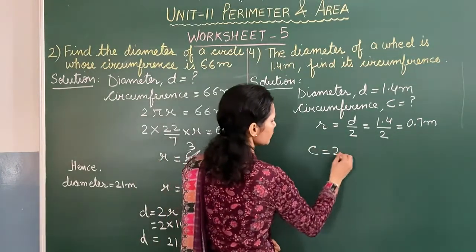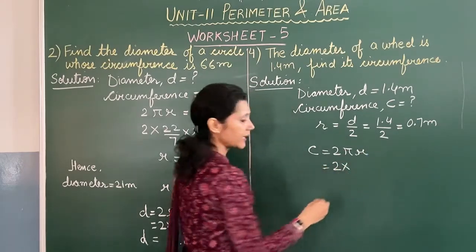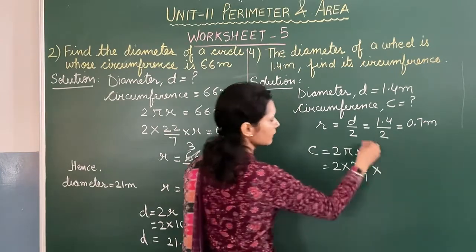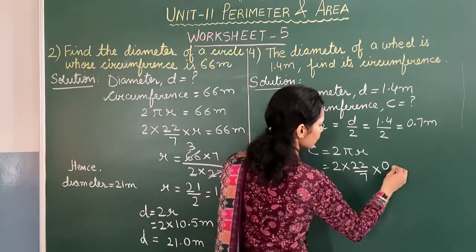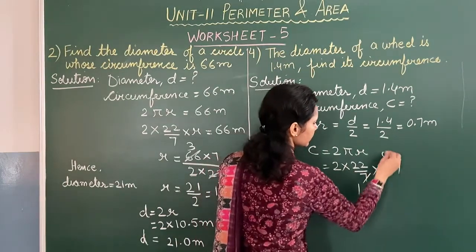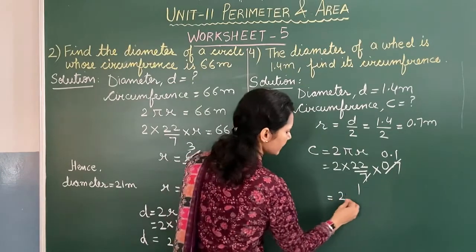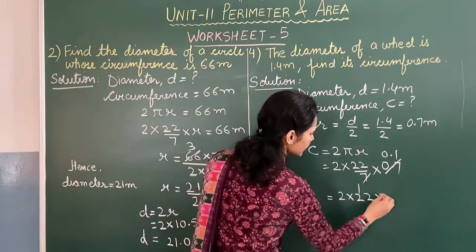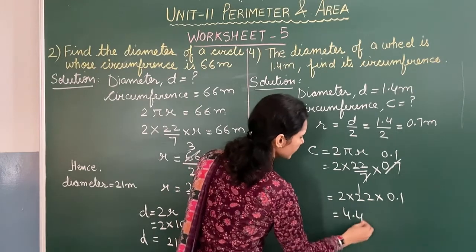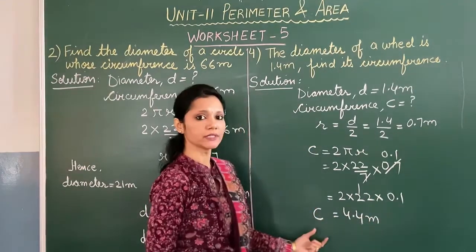C is equal to 2πr. 2 multiplied by the value of pi, which is 22 upon 7, and the value of radius is 0.7. Let's do the cutting: 0.1. So on multiplying 2 multiplied by 22 multiplied by 0.1, we would get 4.4 meters as the circumference of the circle.